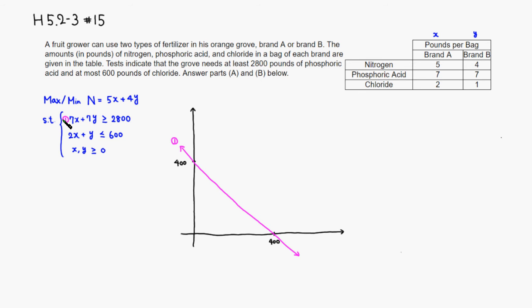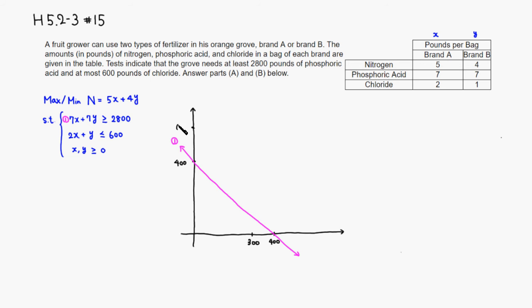All right, for the second one, the x-intercept is going to be 2x equals 600, so 300. So 300 is going to be right there, before 400. Then the y-intercept is 600, probably somewhere around here.